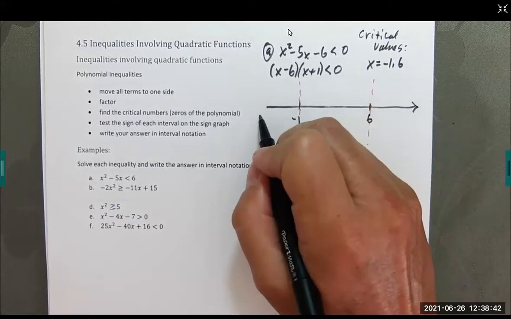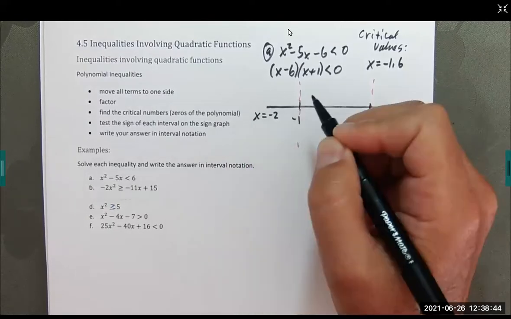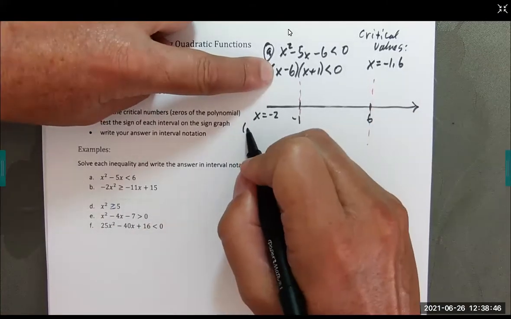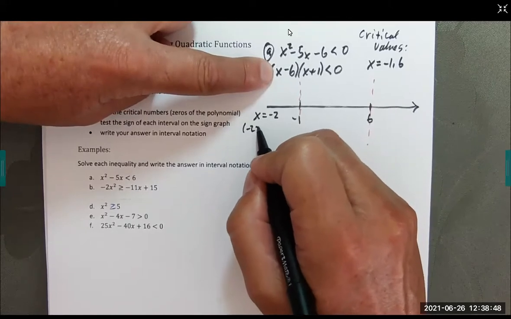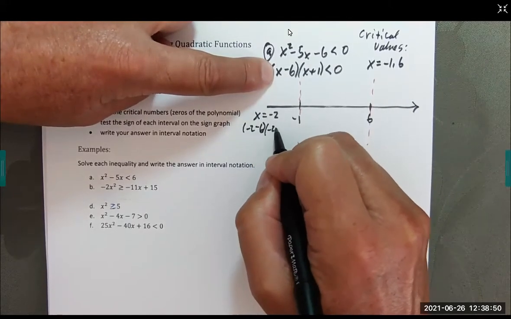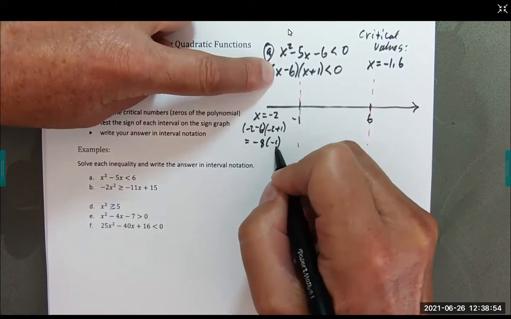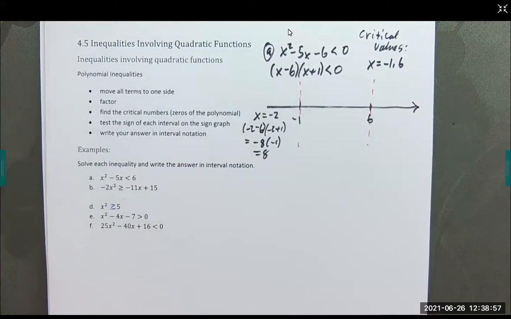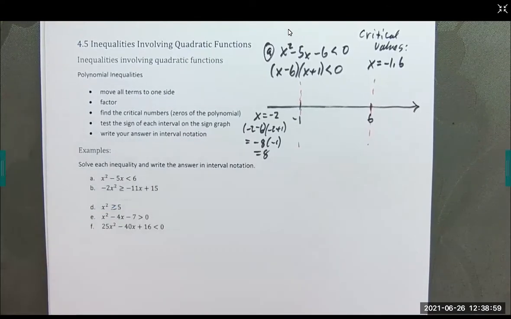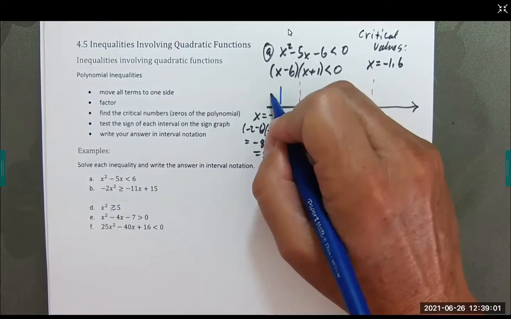So let's say x equals negative 2, and plug it in here. And the point is not that we got an 8, the point is that we got a positive value.